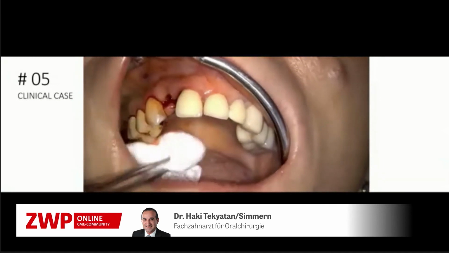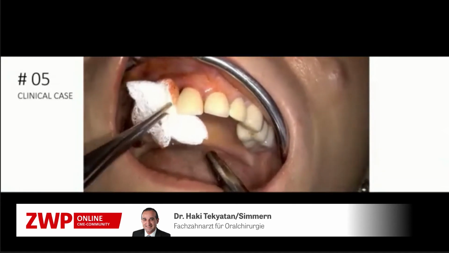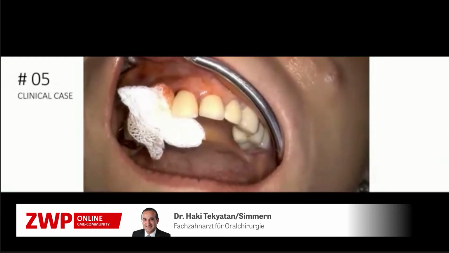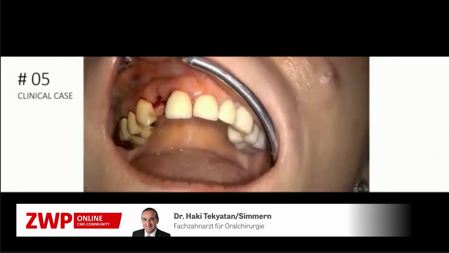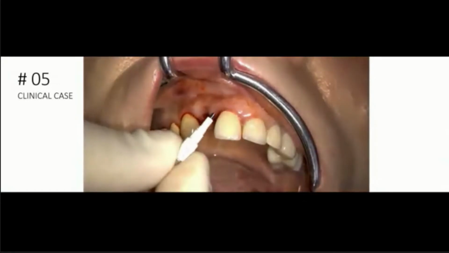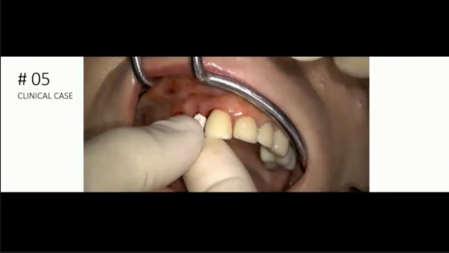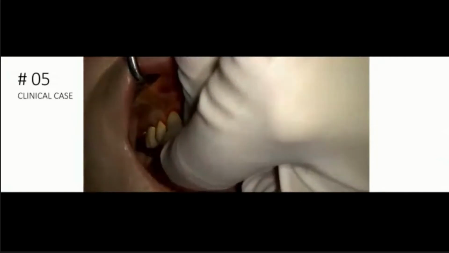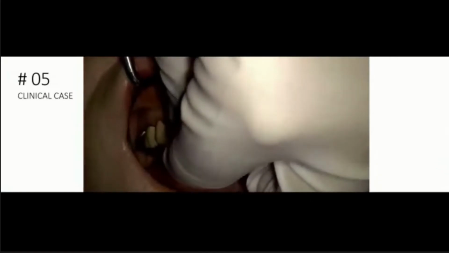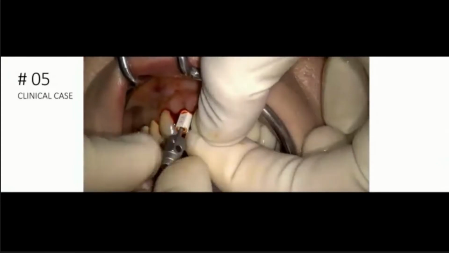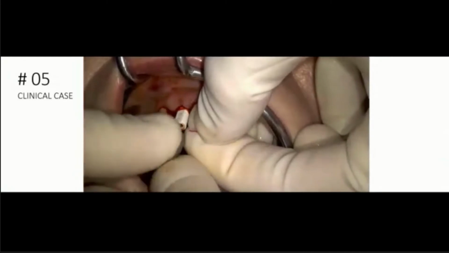And then cleaning everything, preparing everything for the scanning process. Then we are placing our scan body. Very important to find the right position.